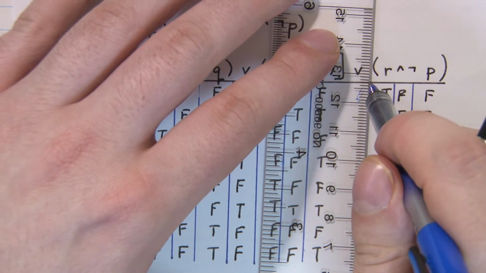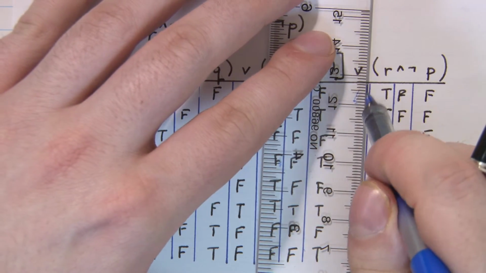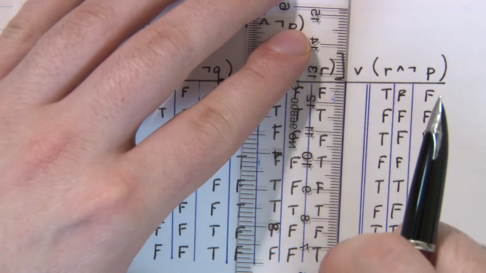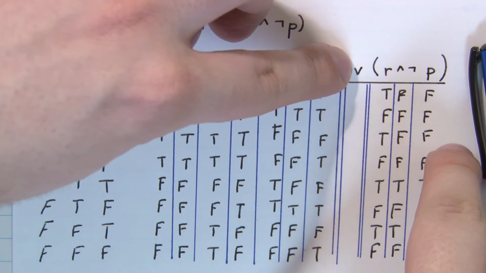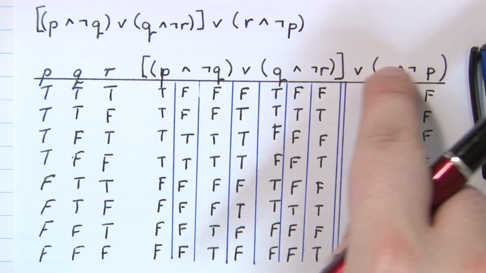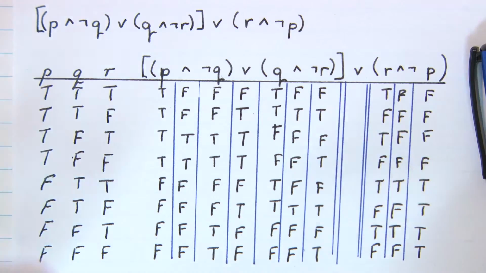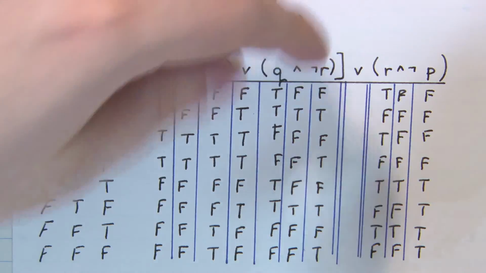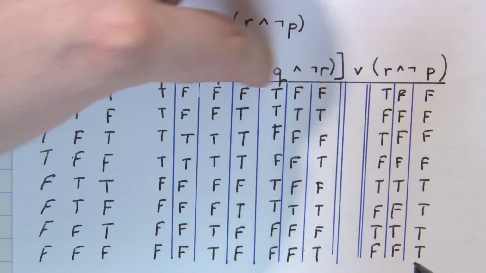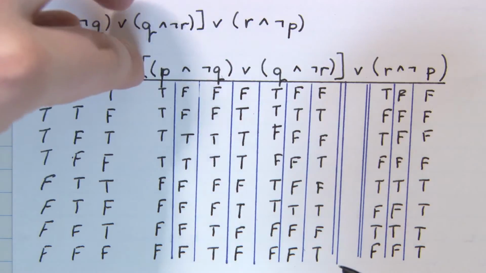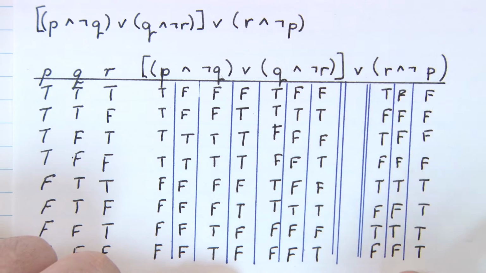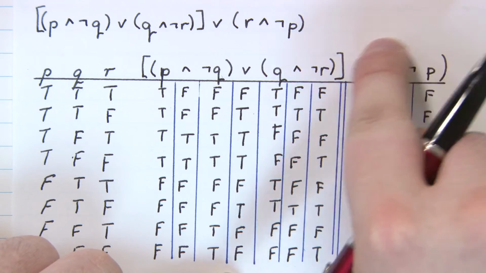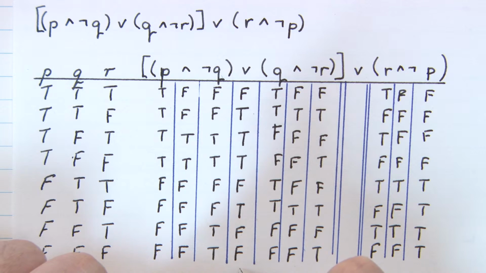Okay, so this is the last one that I need. To do the OR, I need to do the OR of this entire bracket here with this one over here. The entire value for this bracket proposition is just this column here, and then right along here is the value for that. So it's this one and this one right here.